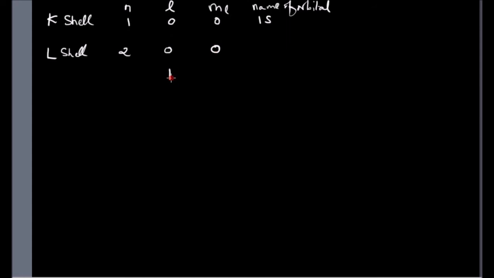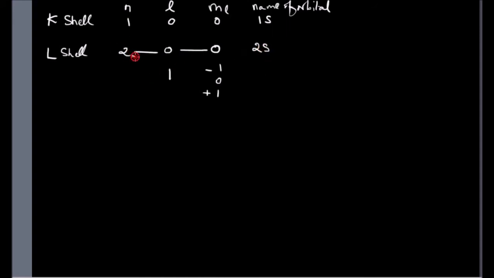And for 1, you will have minus 1, 0 and plus 1. So this set of quantum numbers tells you that the orbital is 2s orbital, because L is 0, it is spherical. 2 because it is in the second shell. That 2 comes from the n value.